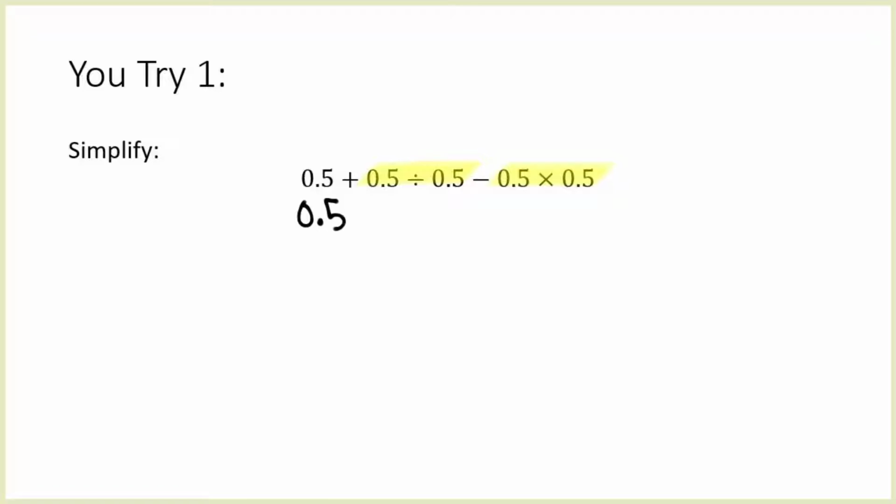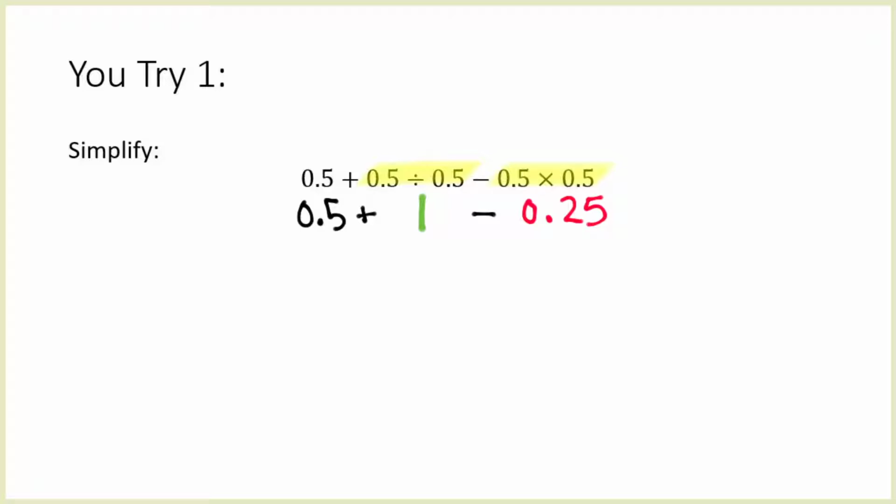I'm going to leave what I'm not using alone. So 0.5 divided by 0.5 is 1. 0.5 times 0.5 is 0.25.